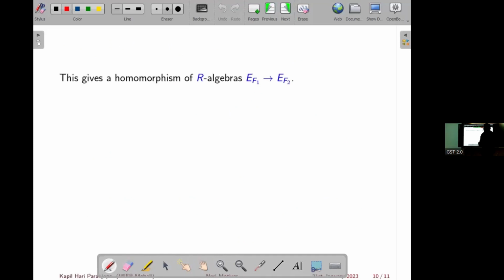So I want to say actually you get a morphism like this. Let me write it once more and then explain. So I've done it wrong.